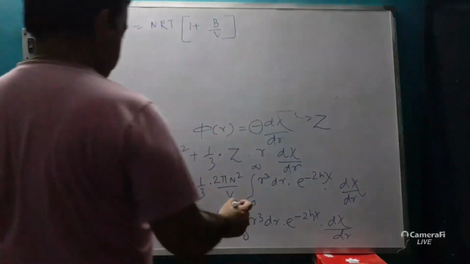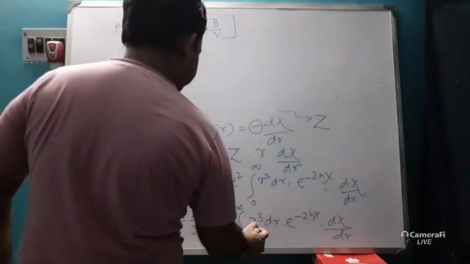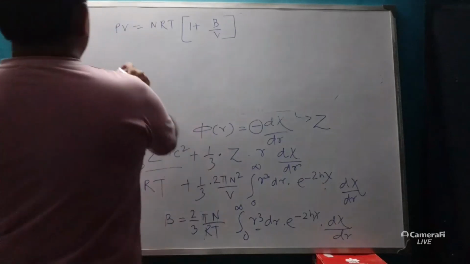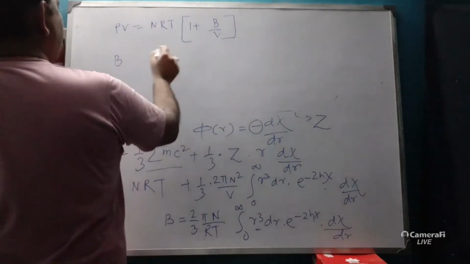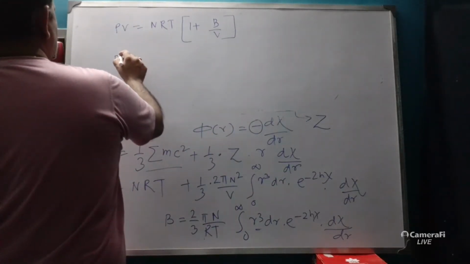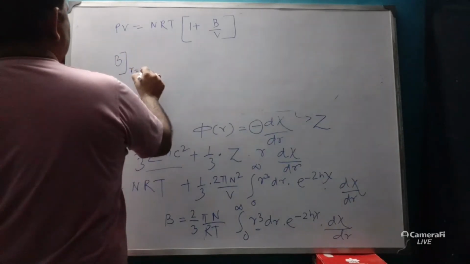Now we have this B at r equals to r, the original.